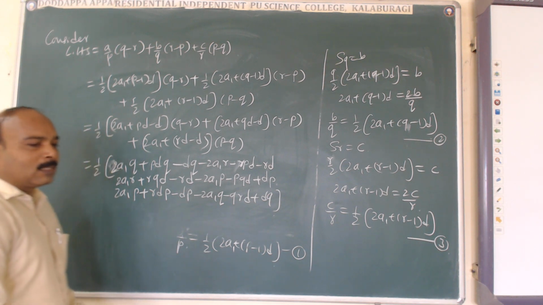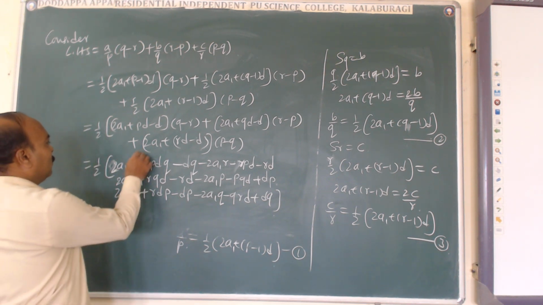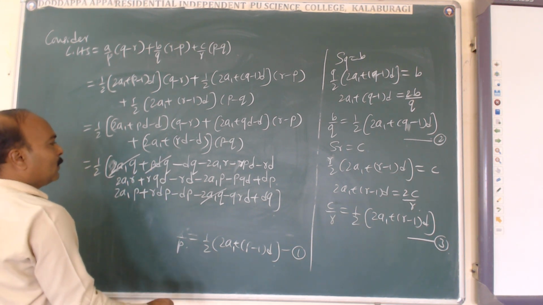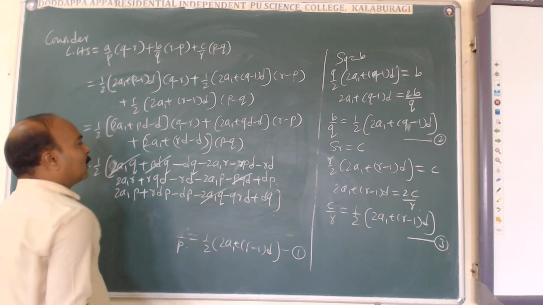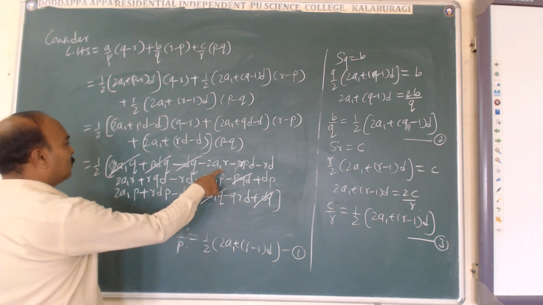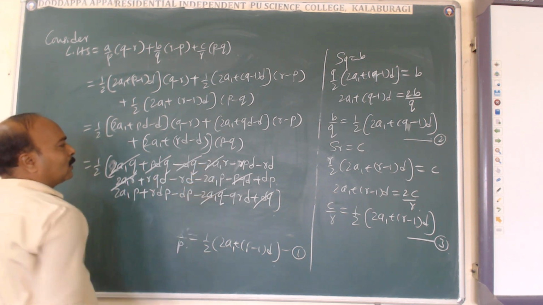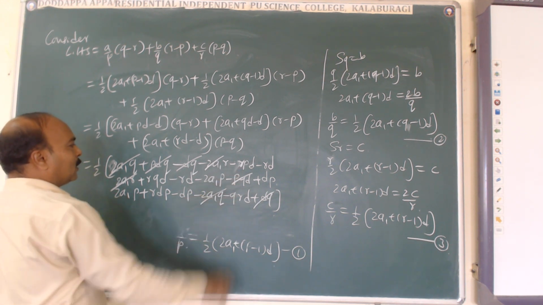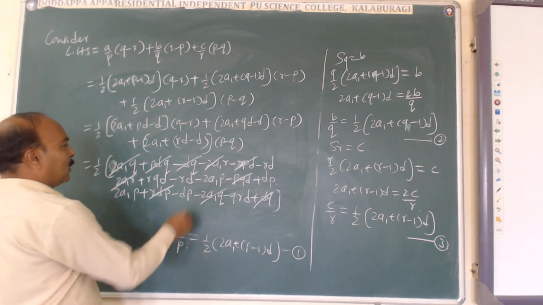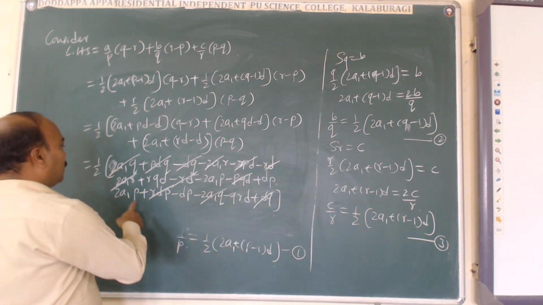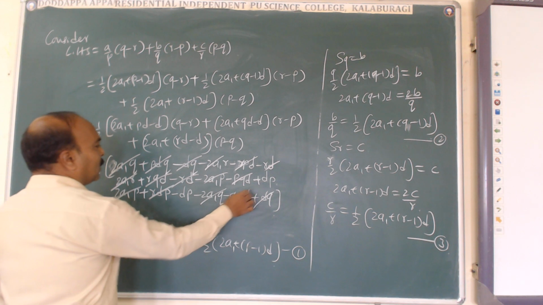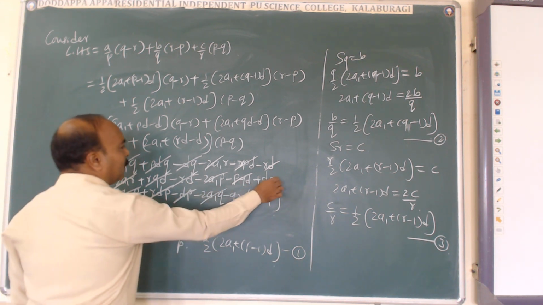Like that we get. Just cancel the similar terms: 2A1q plus and 2A1q minus cancel, pdq plus and pdq minus cancel, dq minus and dq plus cancel, minus 2A1r plus 2A1r cancel, minus rpd and plus rpd cancel, minus rd plus rd cancel, minus 2A1p plus 2A1p cancel, rqd plus and minus cancel, dp plus and minus cancel.